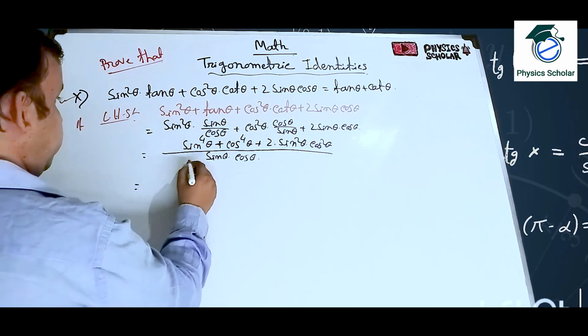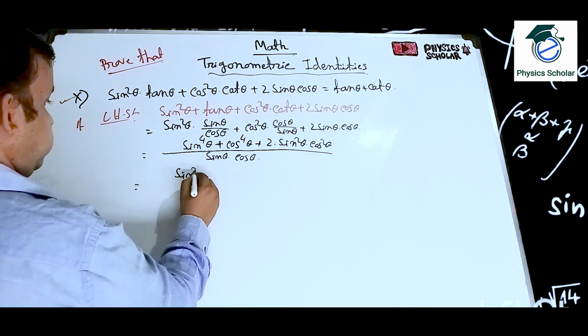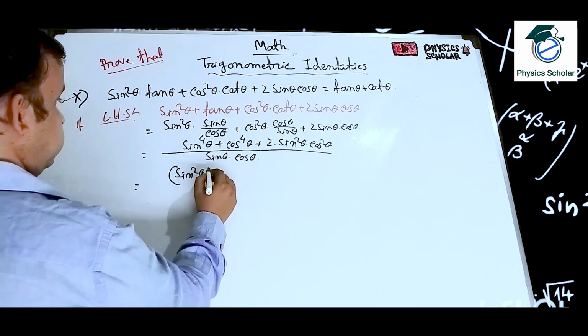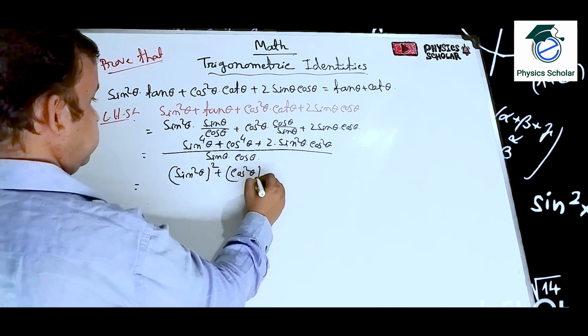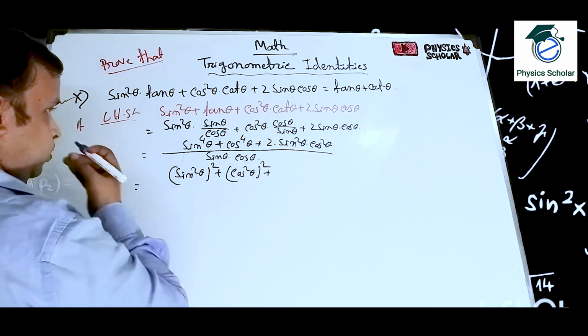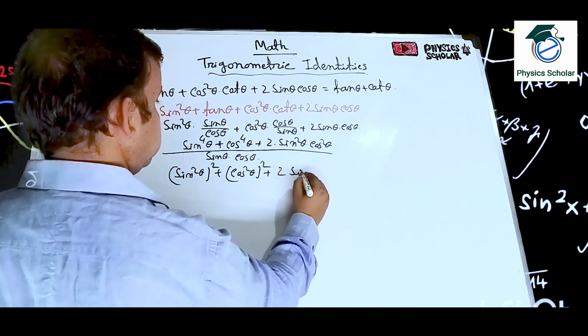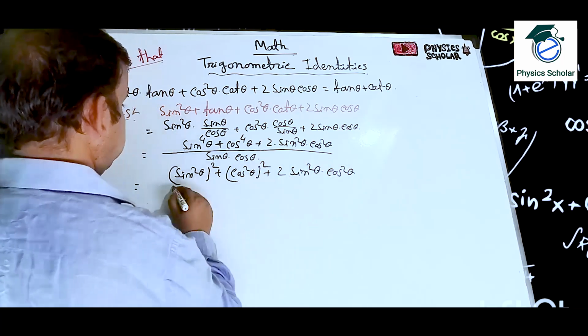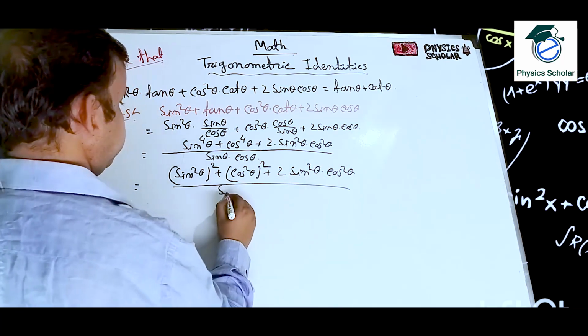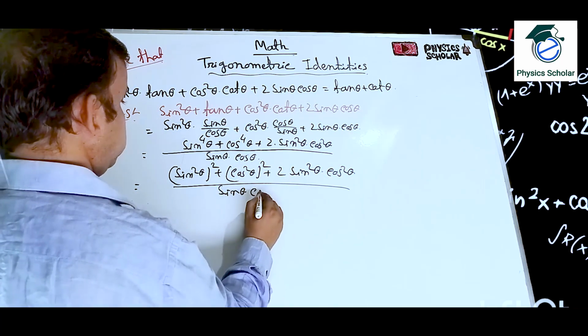So what can you write now? Sin square theta whole square plus cos square theta whole square plus 2 sin square theta into cos square theta, whole divided by sin theta into cos theta.